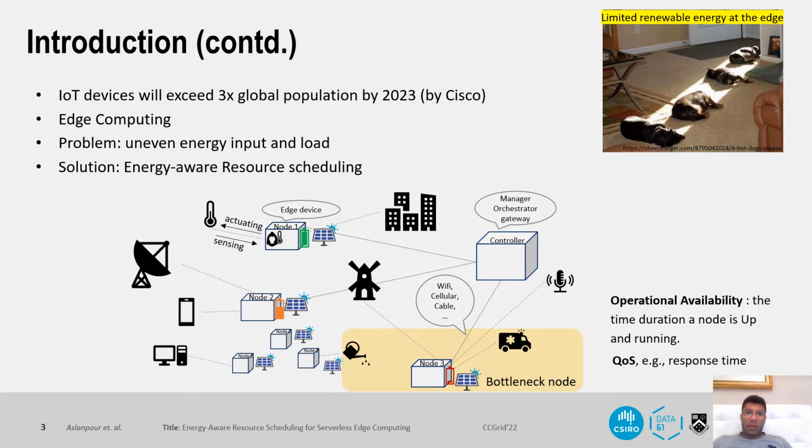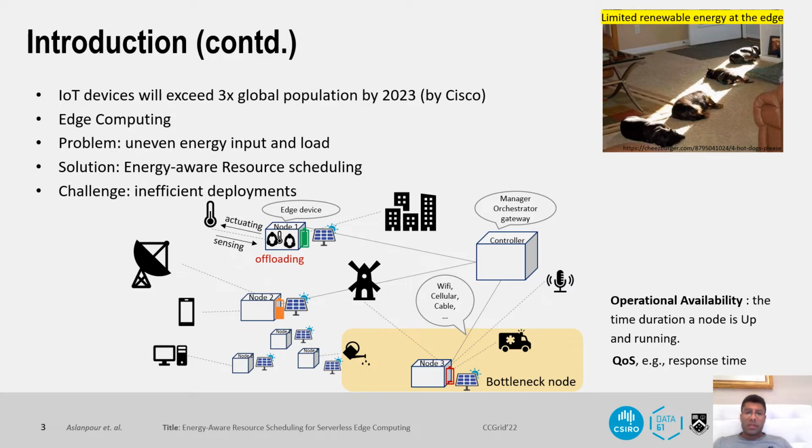Maybe the solution to address this is proposing energy-aware resources scheduling solutions that can, for example, if an application is running on node 3 locally, offload it to another node that has enough energy so node 3 can survive longer.